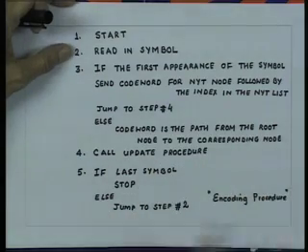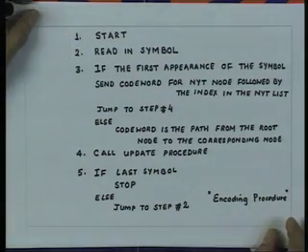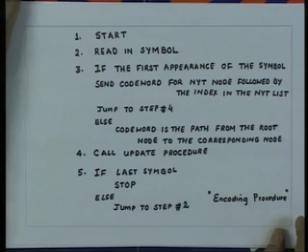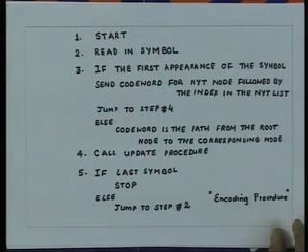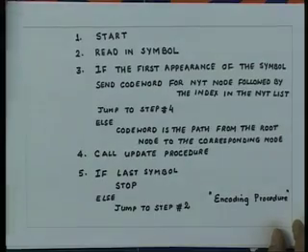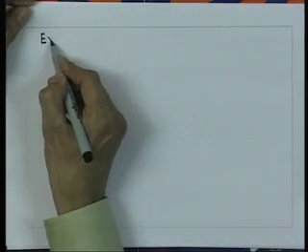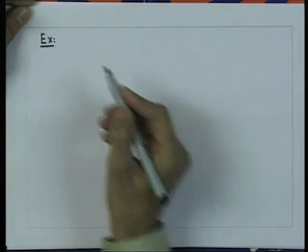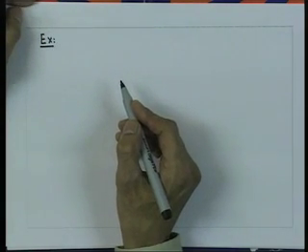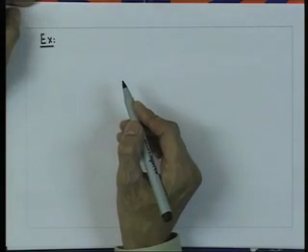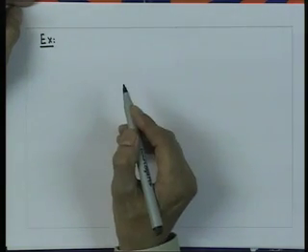Let us try to understand this pseudo code in a much better fashion with the help of an example. Let us take the same example which we considered for the update procedure. So, let us assume that we are encoding a source consisting of the 26 small case letters of the English alphabet.